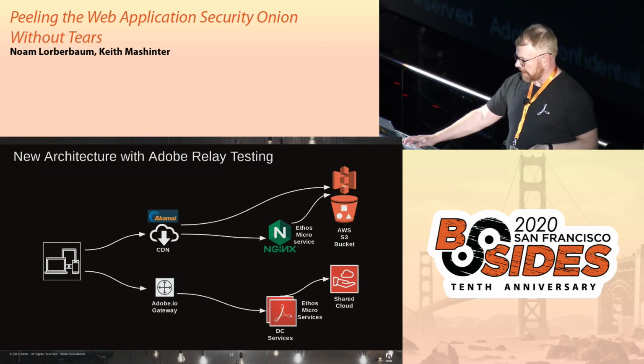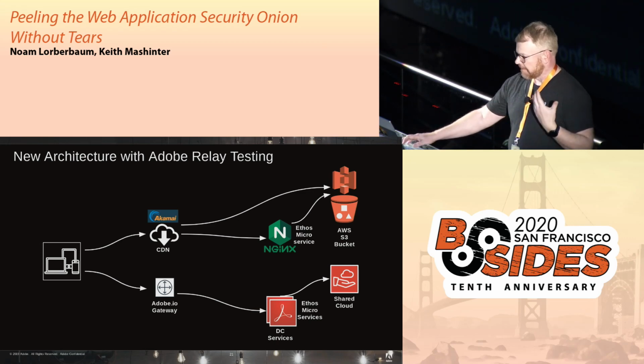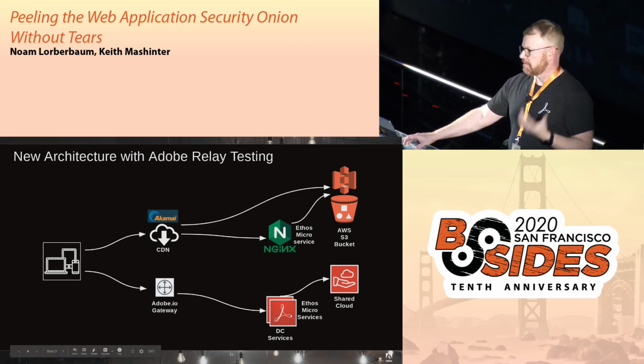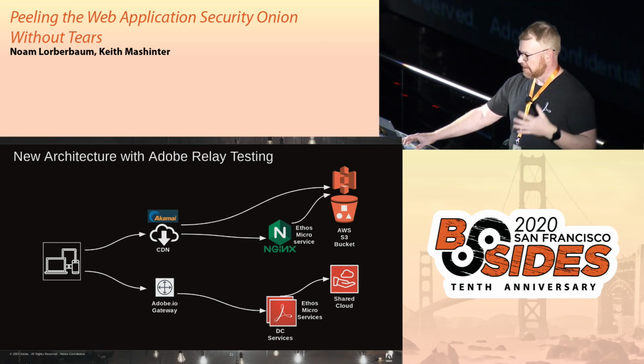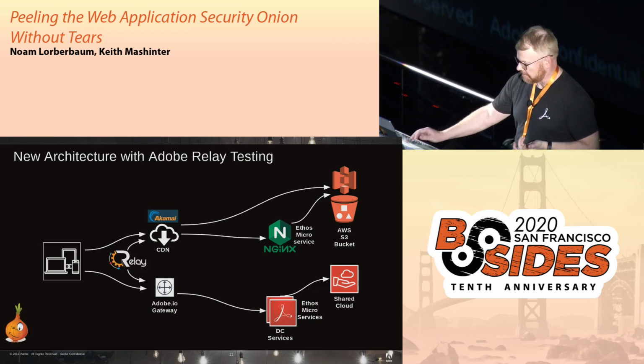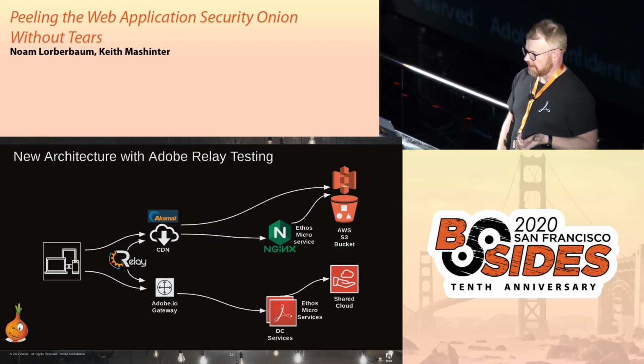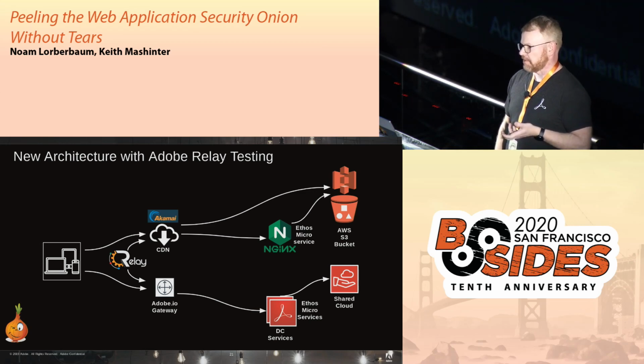And going back to the whole onion again, putting both sides together, you may wonder how we keep it fresh. How do we make sure that changes to application infrastructure and the application changes themselves don't degrade the security over time? Well, part of what we do for that involves an internal project, Adobe Relay, which is an API and UI testing framework.